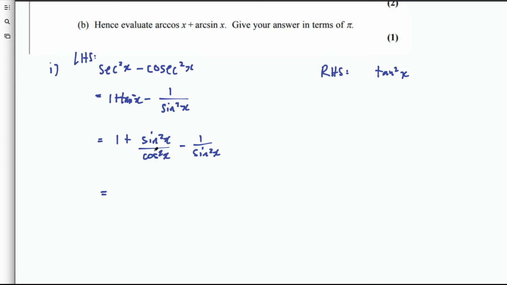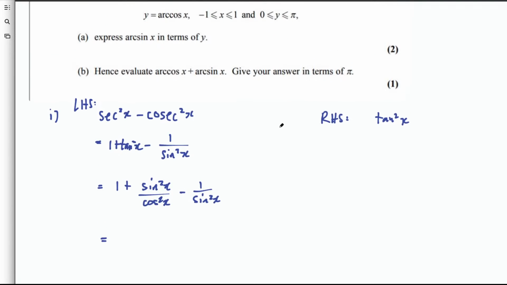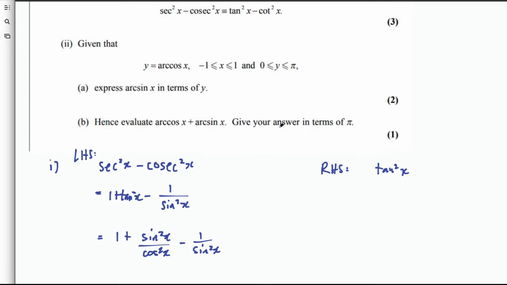I don't know. Usually when I get stuck or I don't immediately see the next step, I just try the other one. So I'm just going to jump to the right hand side. I'll probably have to end up doing something with this eventually, but I'm just going to try something with the right hand side and see if it's any easier.